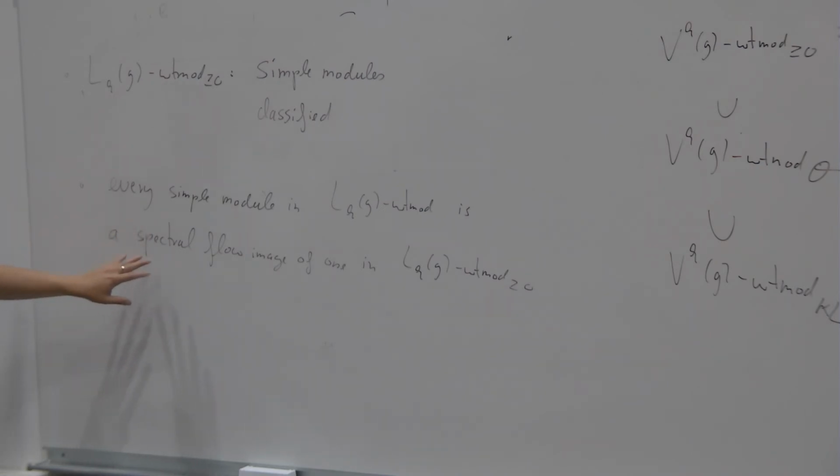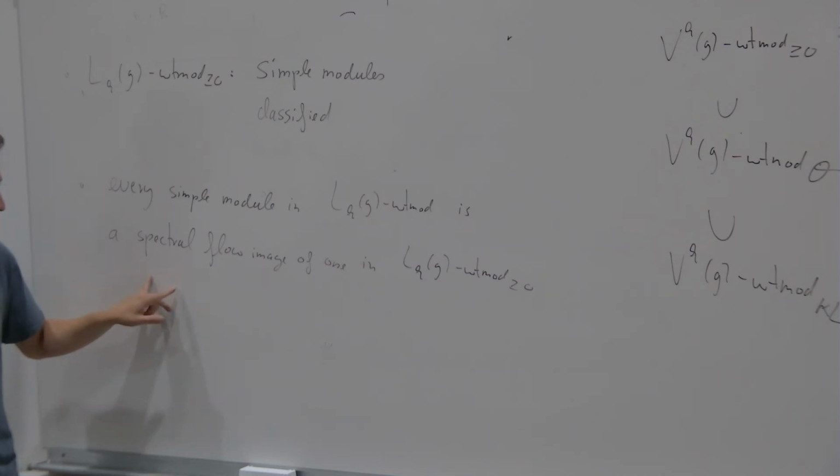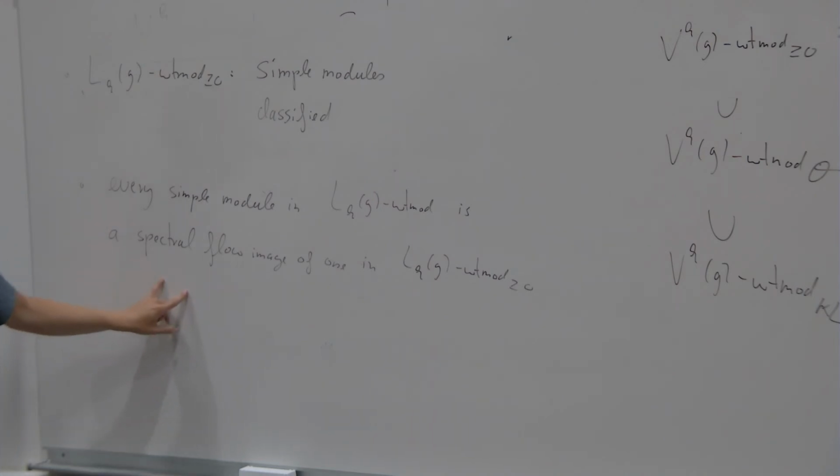So this spectral flow, Gabriele nicely asked me yesterday the question, when we discussed the delta operator and spectral flow, how does it relate to affine vertex algebras? And then I explained in that example of SL2 that the spectral flow automorphisms are precisely the ones that come from affine Weyl translations.